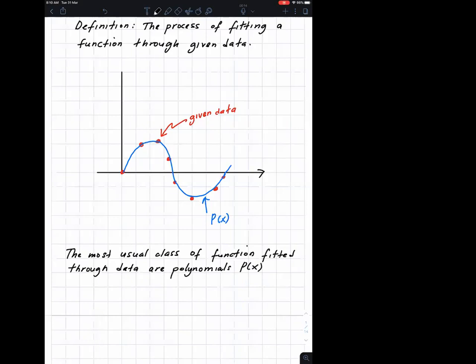You guys probably know what a polynomial is from your college algebra class. It's just a function that's always continuous. The process of fitting through given data is called interpolation.